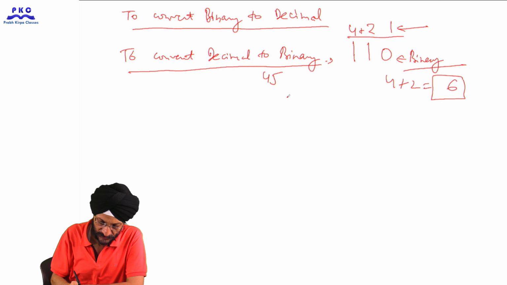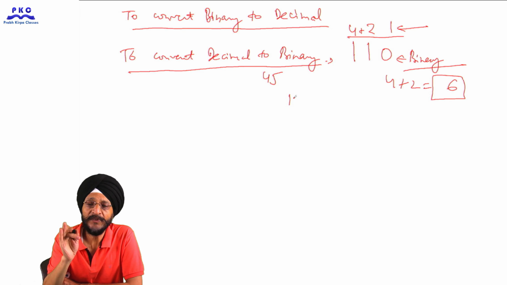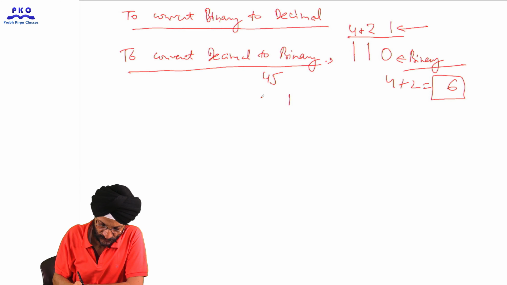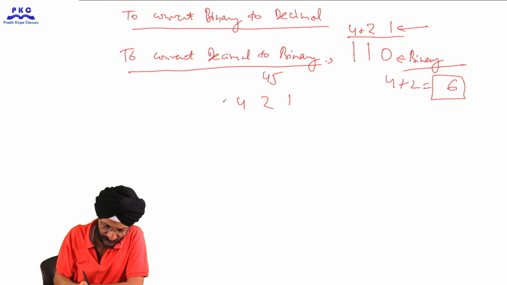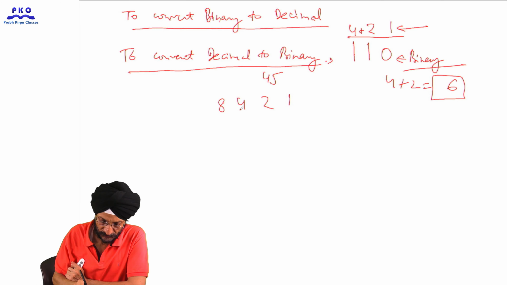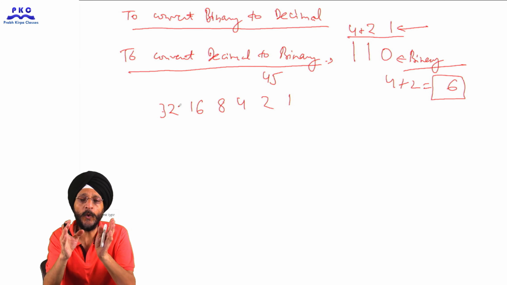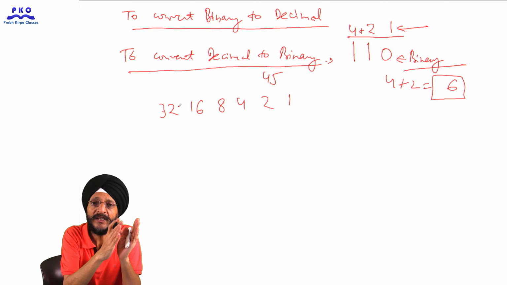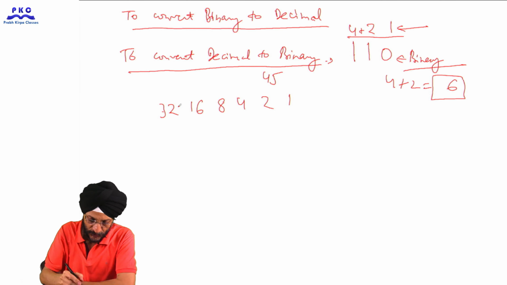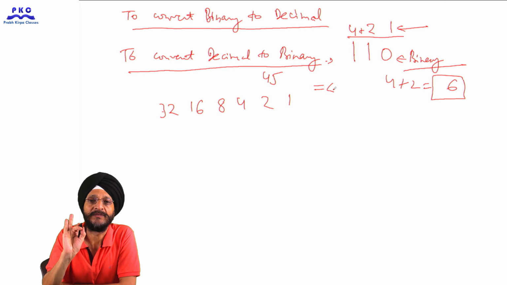We will again write the formula which we have used: 1, 2, 4, 8, going on multiplying by 2 from the right-hand side. 1 multiplied by 2 is 2, 2 multiplied by 2 is 4, 4 multiplied by 2 is 8, 8 multiplied by 2 is 16, 16 multiplied by 2 is 32.